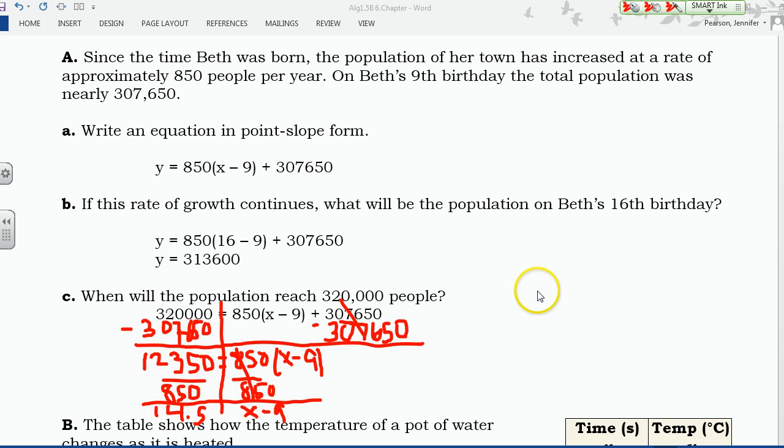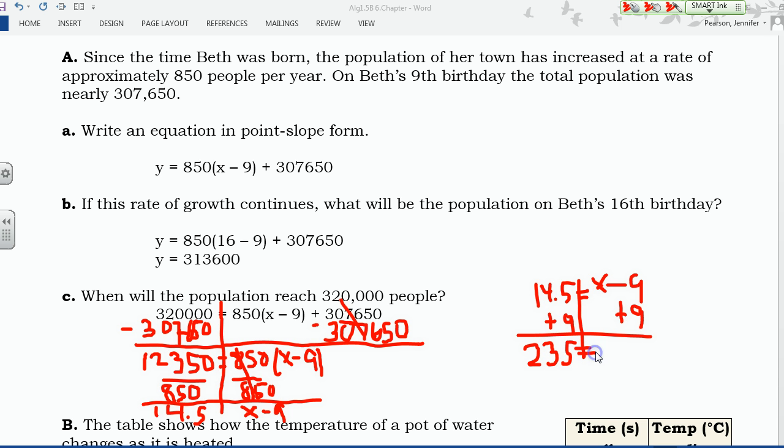My last step would be to add 9 to both sides to undo the subtraction. So 14.5 plus 9 leaves me with 23.5. So basically it will take 23.5 years to reach the population of 320,000 people.